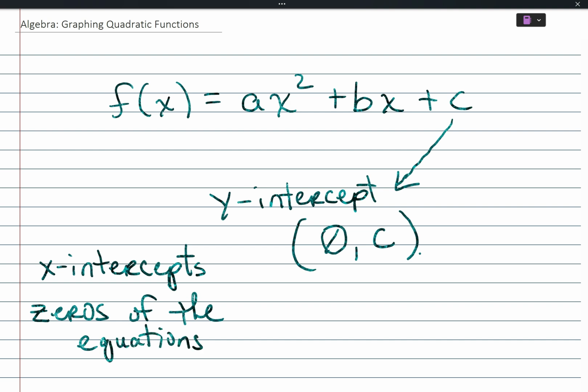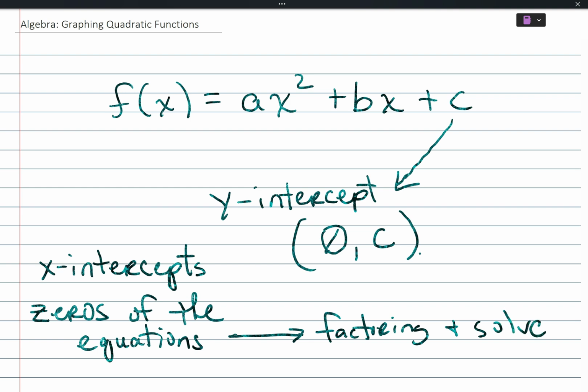So the zeros of the equation are where they cross the x-axis, or when we have the equation, we find them by factoring and solving for x. So I'll write that down. So factoring, or maybe not necessarily factoring. We have other techniques, right, to solve a quadratic equation.